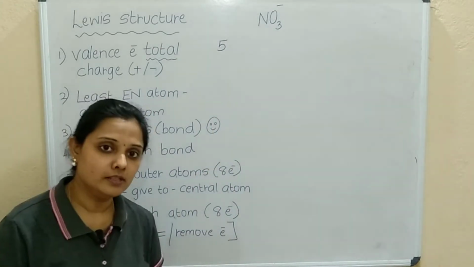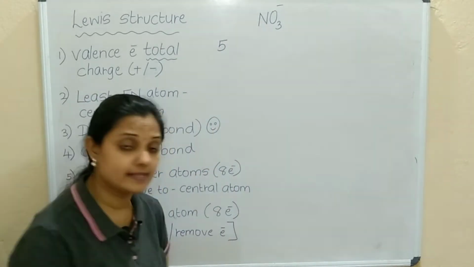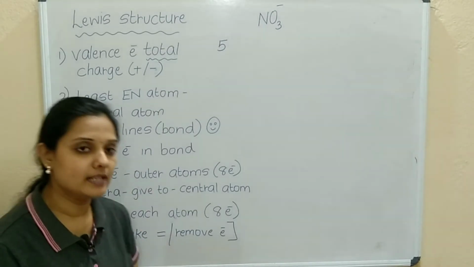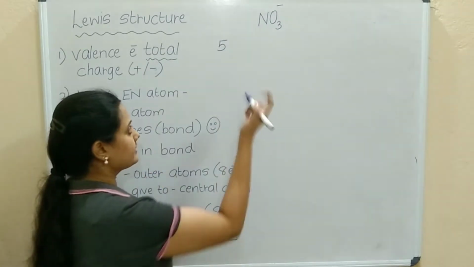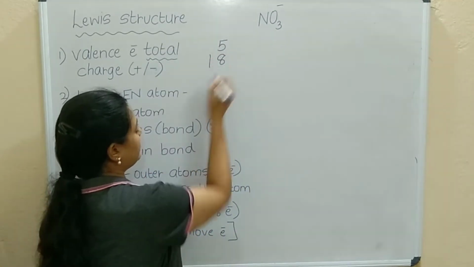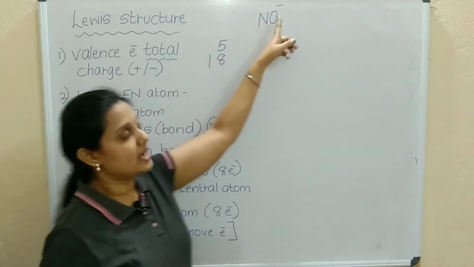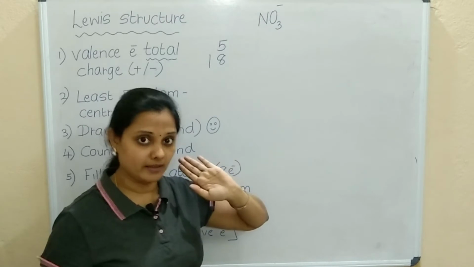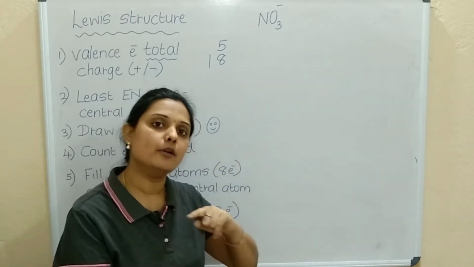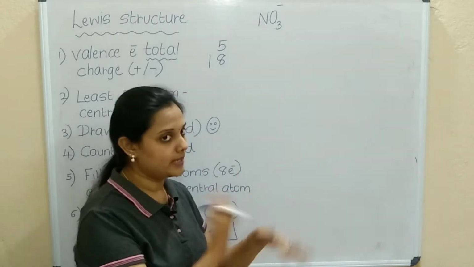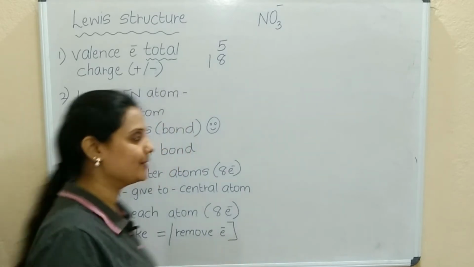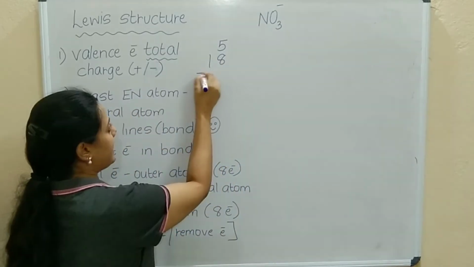For oxygen, the valence electrons are 6, and there are 3 oxygens, so 6 threes are 18. Charge: if negative, you add one electron; if positive, you subtract one. Here it is negative, so I add 1.